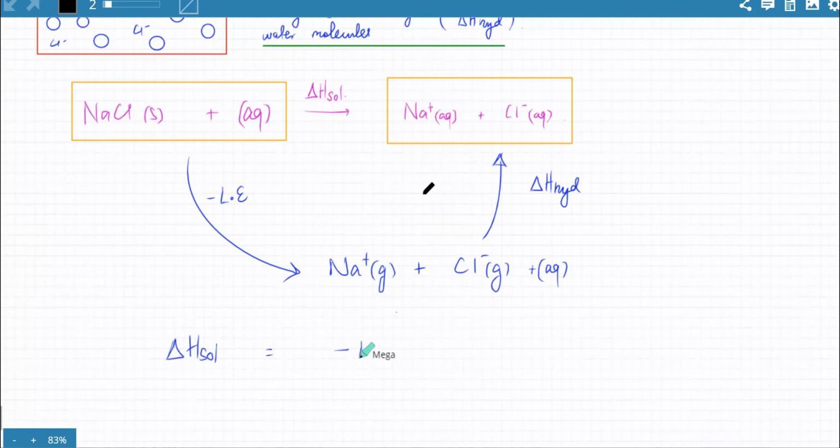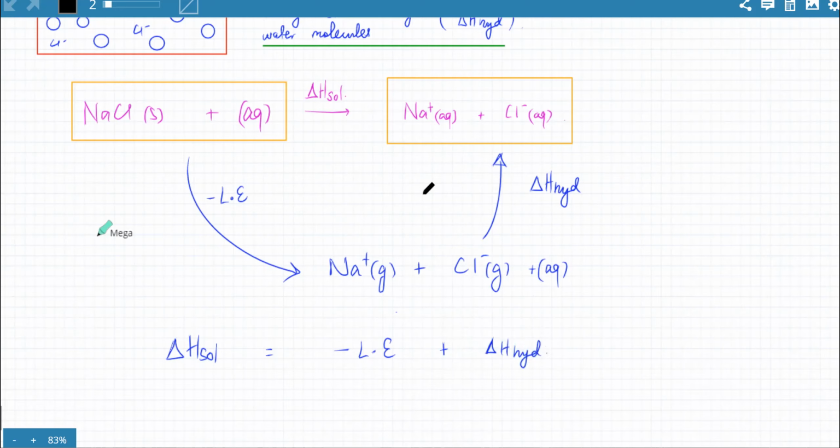The negative sign just indicates that by definition it's negative. You're going in the opposite direction, you're breaking the lattice, plus the enthalpy change of hydration. Is this clear? Yes.